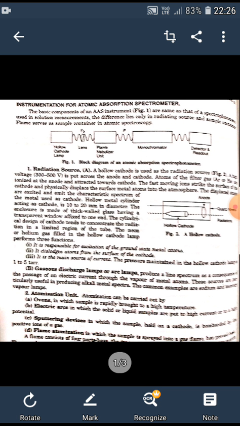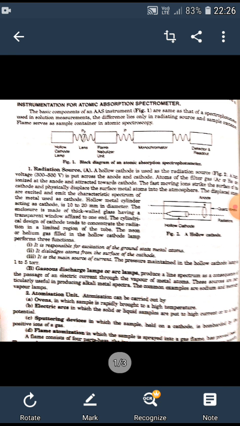Elements like aluminium and beryllium form very stable oxides and require still higher temperatures, which are provided by an oxygen acetylene or nitrous oxide acetylene flame. The ratio of fuel to oxidizing agent also affects the extent of atom formation in a flame.